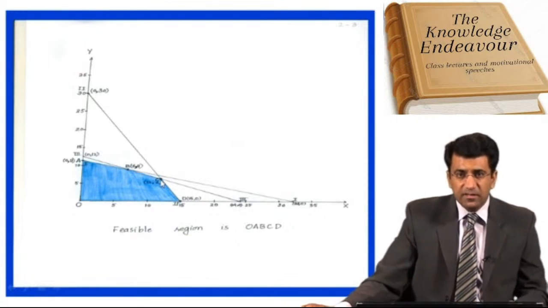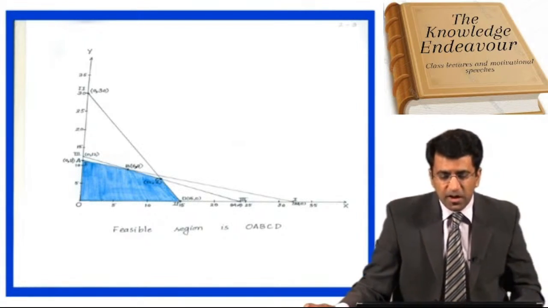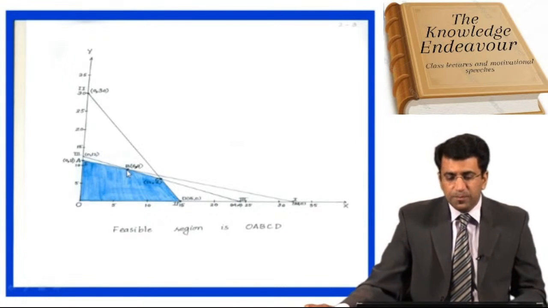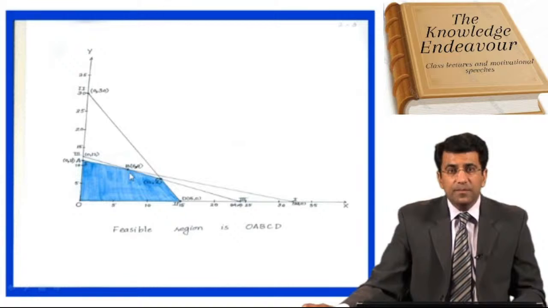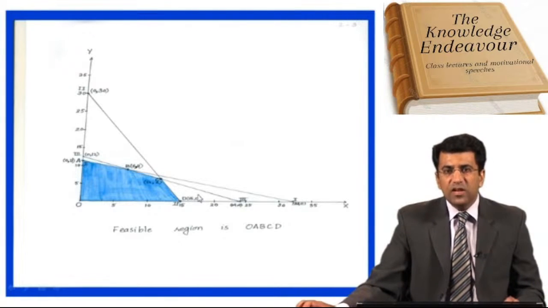As you can see, class, from this particular graph, this point B is the intersection of this line and this line, that is the line number 3 and line number 1. So point B, please remember, is the intersection of line 1 and line 3. So in order to find the value of B, we'll have to solve equations 1 and 3.